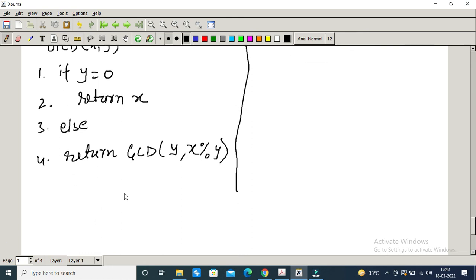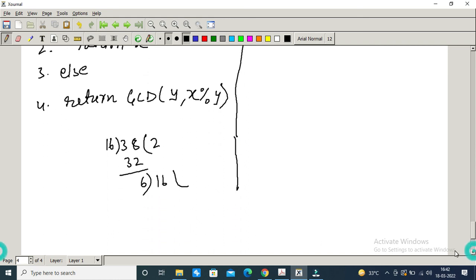So let me take an example for that. We have this example, like 16, like 32, right? So 16 to the 32. This is your 6. This is again your 16, right? Until y becomes 0, it must be calculated.